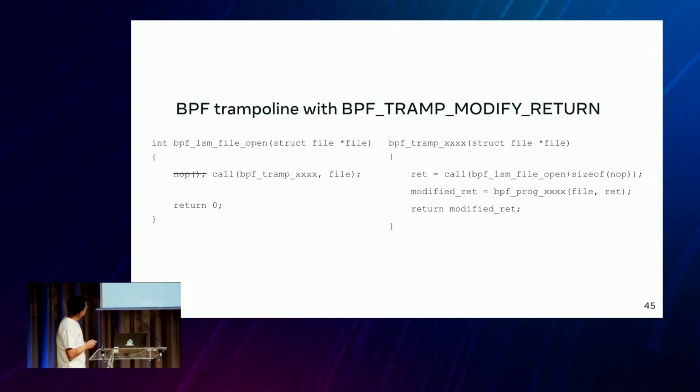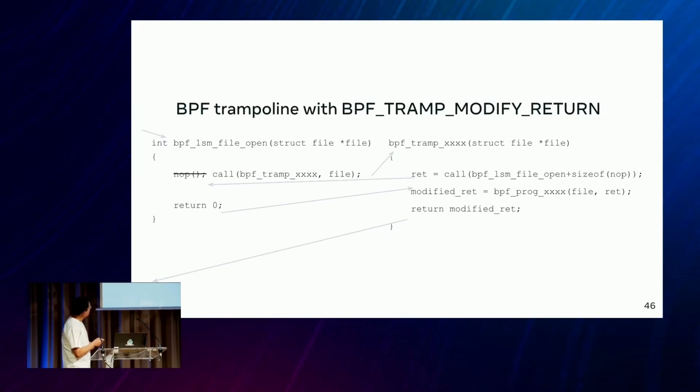And how does this work? First, we call into this function, and this immediately calls the trampoline. The trampoline will call this function, but not at the beginning, right behind this nop. So it goes back here. If there's some other logic, it will run, but in this case it just returns 0 here.